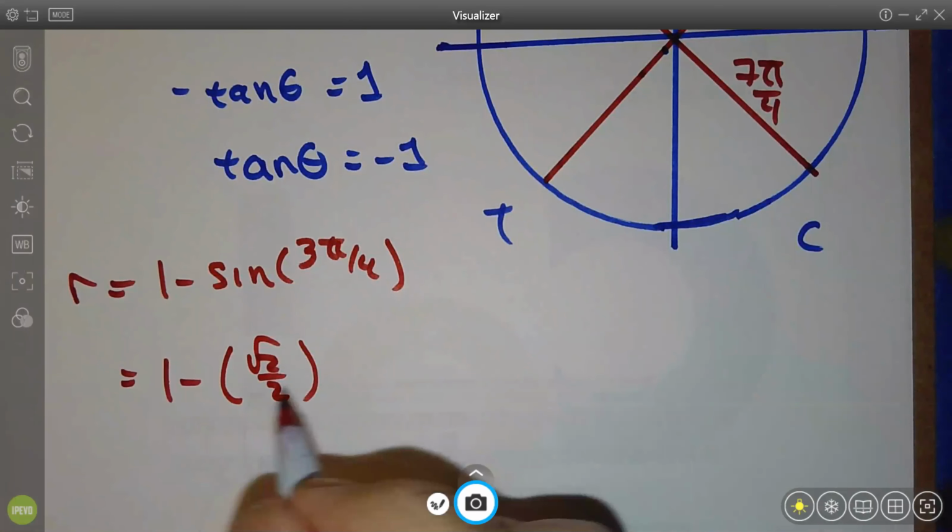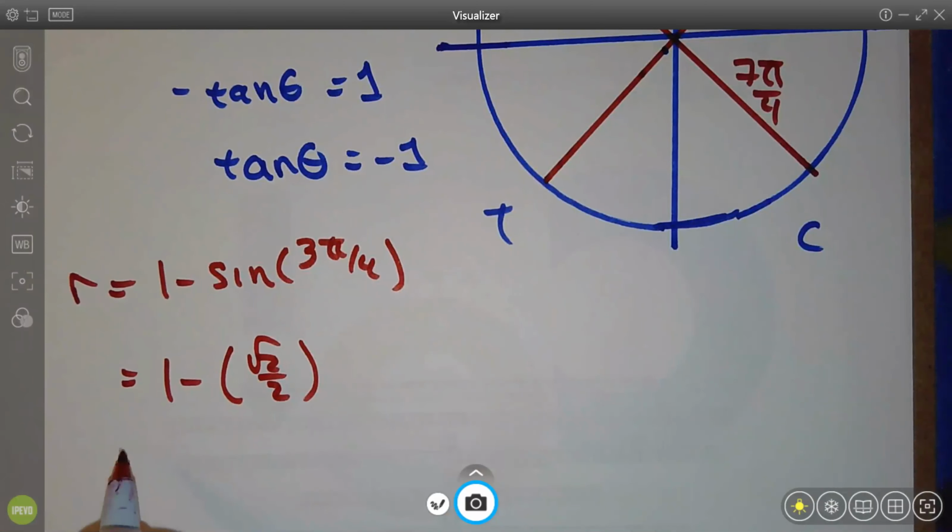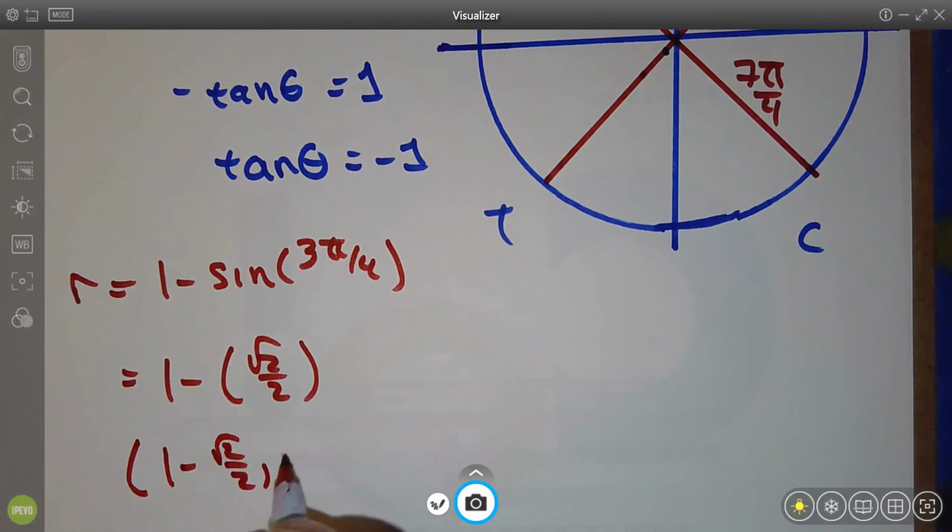So that's going to be your r. And as far as an r and theta pair are concerned, it's going to be 1 minus square root of 2 over 2 and 3 pi over 4.